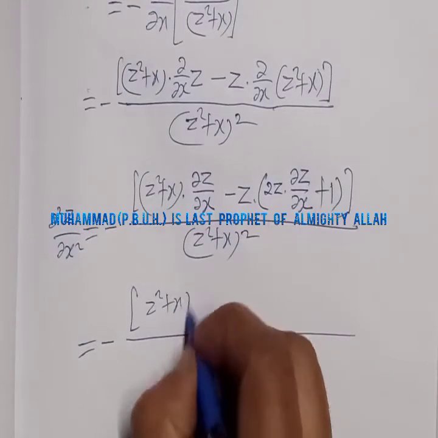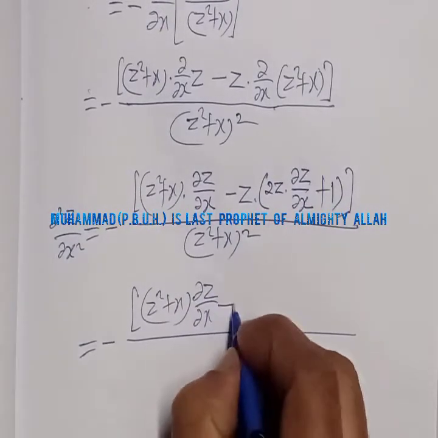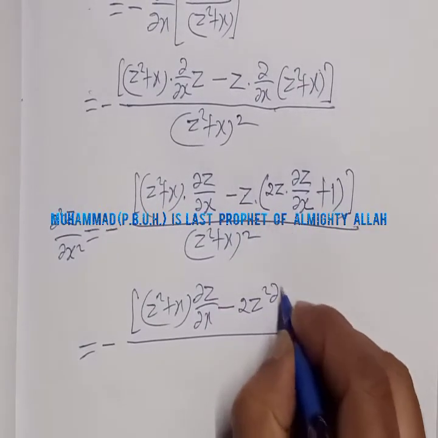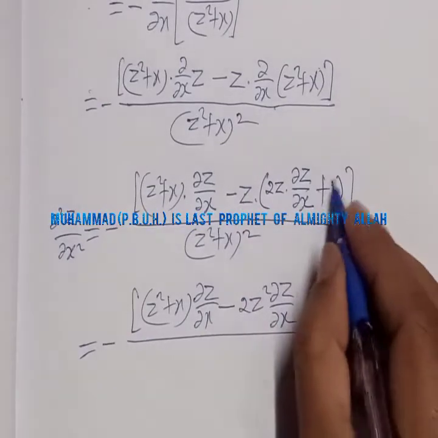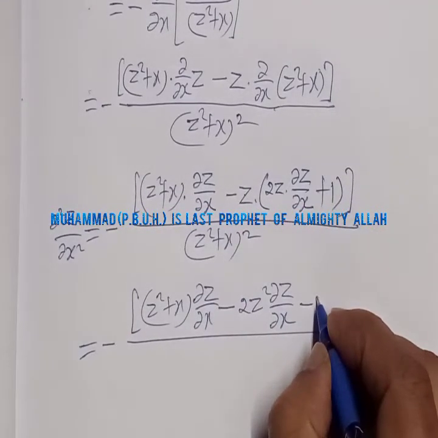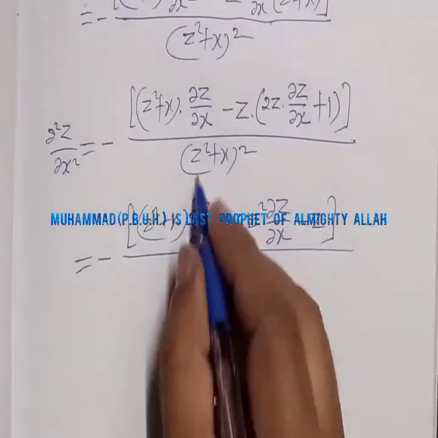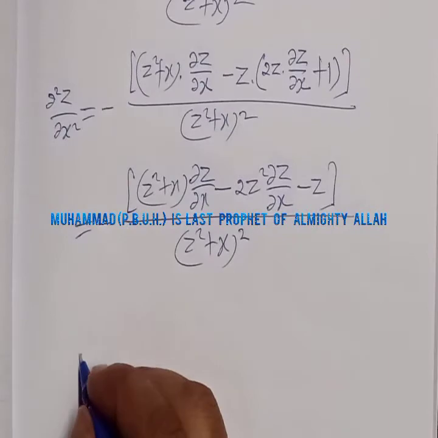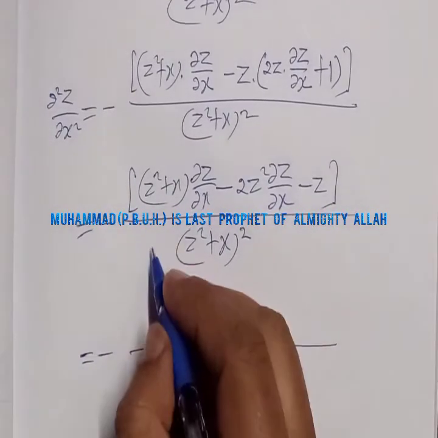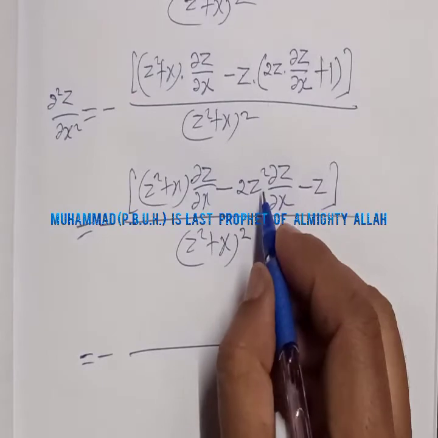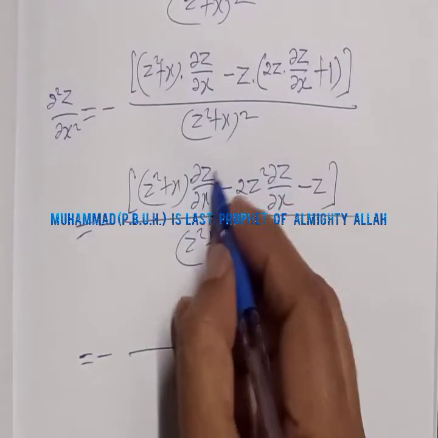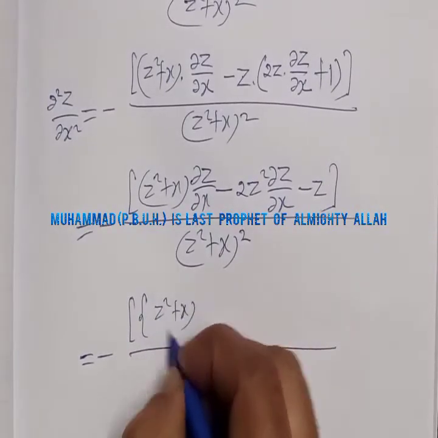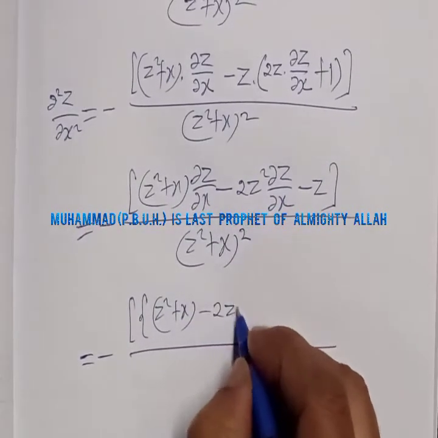Z square plus x del z over del x. Now opening this bracket we get minus 2z square del z over del x, and minus z multiplied to 1, we get minus z upon z square plus x whole square. Now in these two terms we will take out del z over del x. We will get in this bracket z square plus x and minus 2z square.